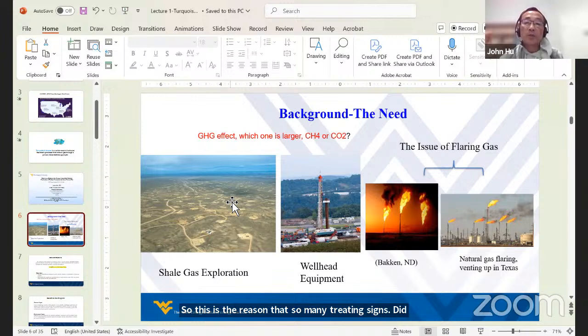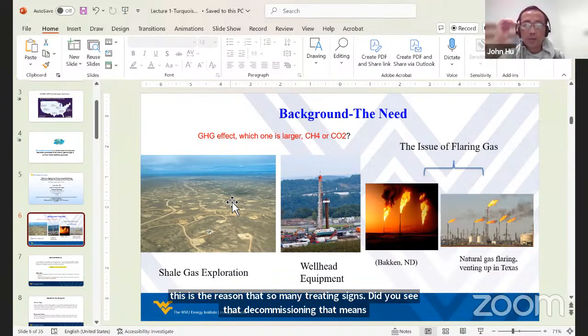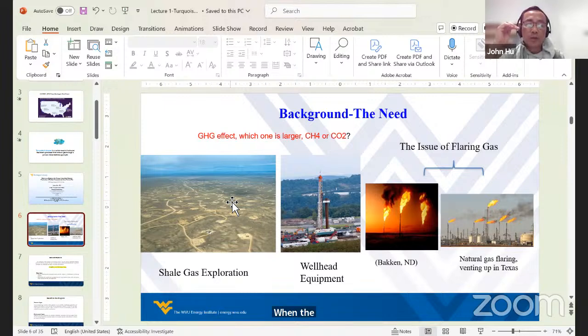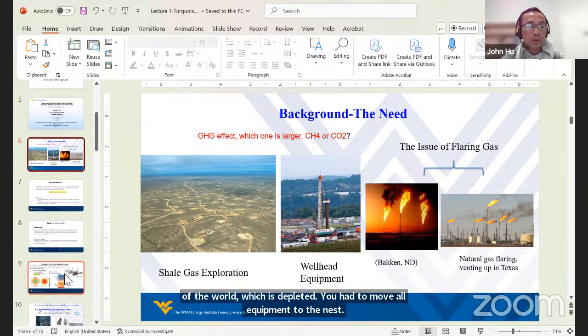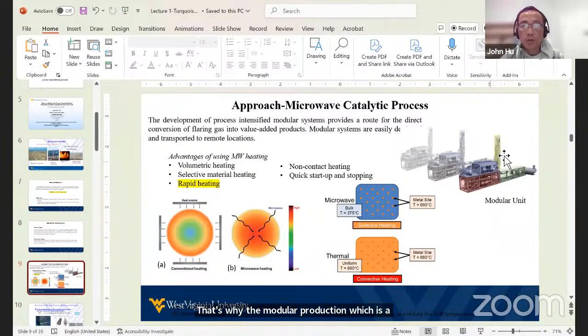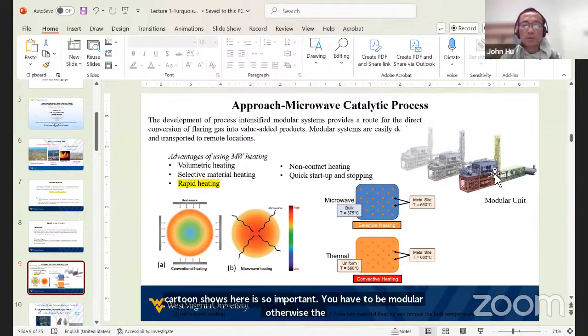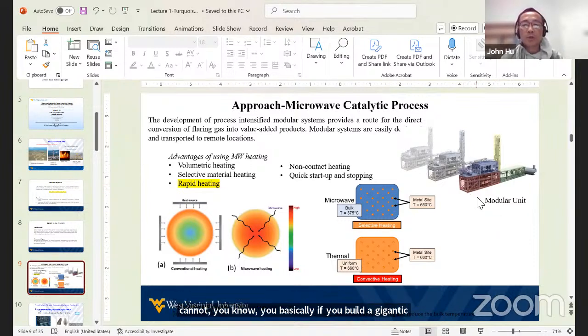That means when the life of the well is depleted, you have to move all equipment to the next. That's why the modular production, which the cartoon shows here, is so important. You have to be modular. Otherwise, if you build a gigantic, huge plant, it's not going to be helpful. So you have to be modular, keep on moving.